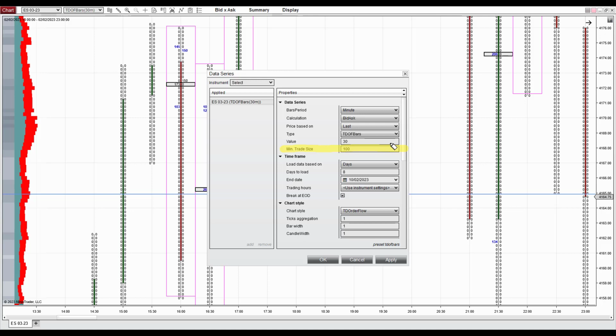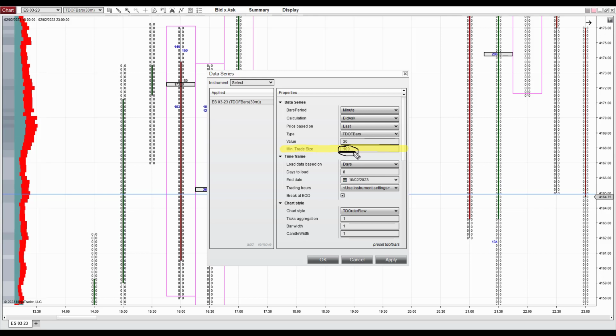Now, the first question the member had was, what value should he use for the min trade size here? Because every trading instrument is a bit different, and also, especially for the ES, every trading session is a bit different. So you need to adjust the trade size accordingly to that.